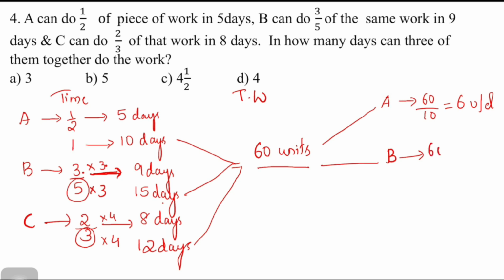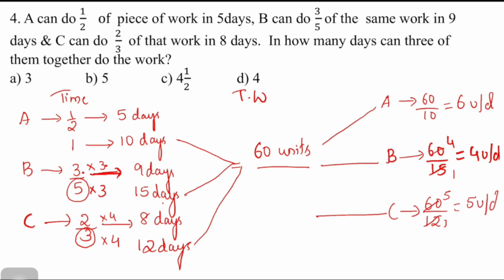Then in 1 day how much will it do? 60 by 15, which is equal to 4 units per day. Then C will do 60 units in 12 days. So in 1 day how many units will C complete? 5 units per day.